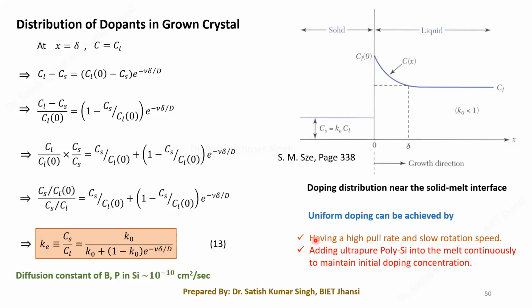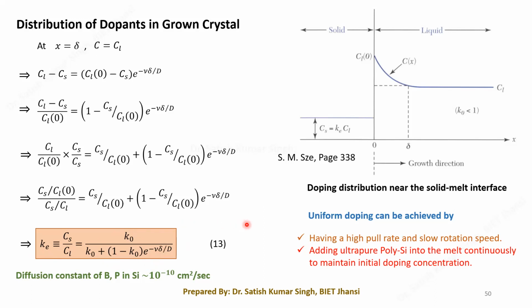Fine, so that's why what we are writing is having a high pull rate and the slow rotation speed. If we do these things, then we will be able to make the overall exponential coefficient small, and therefore this term will vanish and this k will become equals to unity. Fine, and this way we can get the uniform doping. So I hope this must be clear.